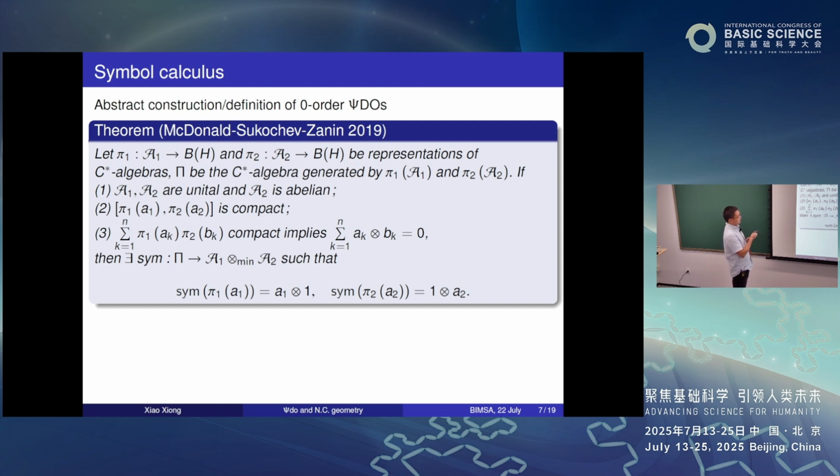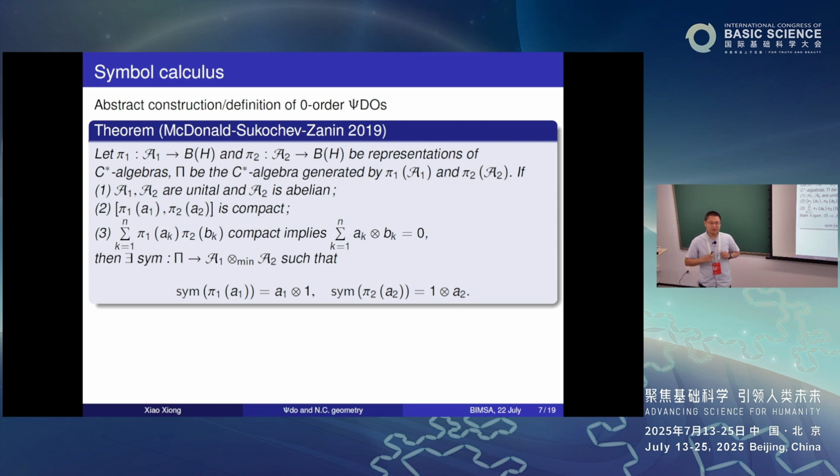In this way, pi 1 is pointwise multiplication, pi 2 is Fourier multiplication, and of course, because we can view these elements in A1 as zero order pseudo differential operators, we can also view the element here as a zero order pseudo differential operator.